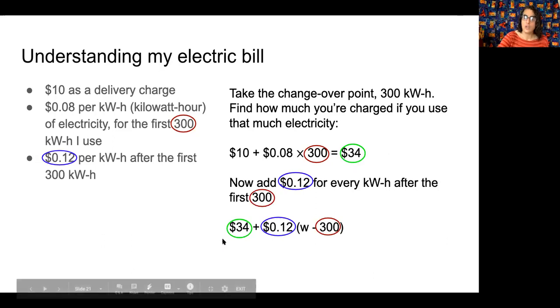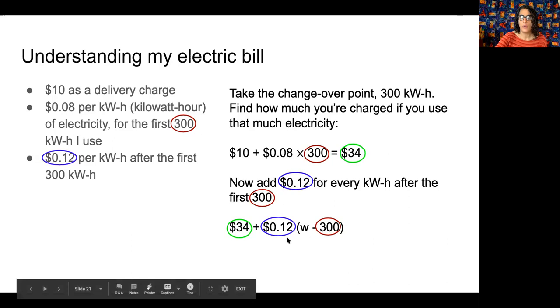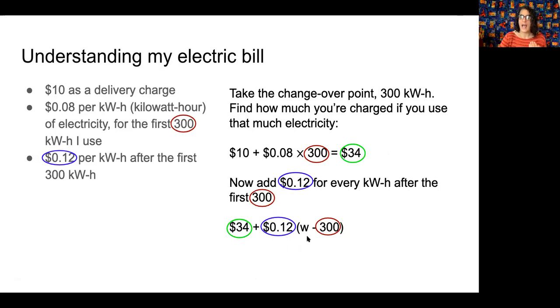And then I start at $34, and I add 12 cents for every kilowatt hour that I use after the first 300. And that's what this part in parentheses says. It says the number of kilowatt hours after the first 300. So all of this packages up together to give me the equation for how much my bill would be if I use more than 300 kilowatt hours.